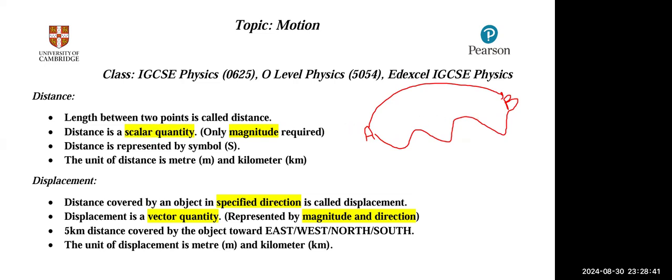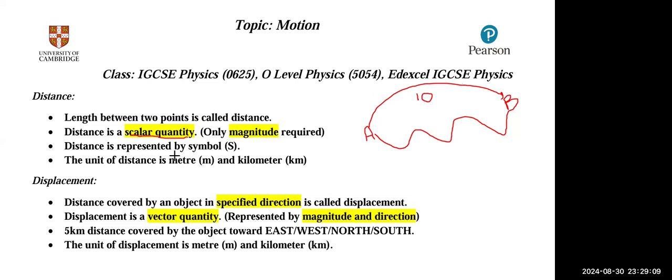That is why this is a scalar quantity. For example, if the distance from A to B is 10 kilometer, then 10 kilometer is only the magnitude of that length. The reason is that the path is not a straight line. There is no specified direction. You are changing direction at each point, if you look at these two paths.